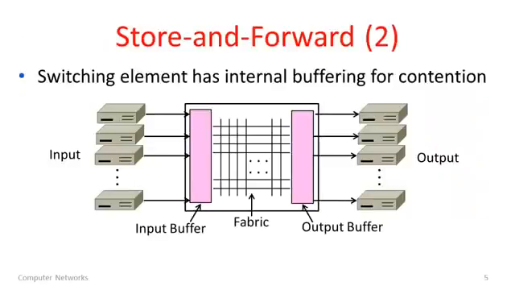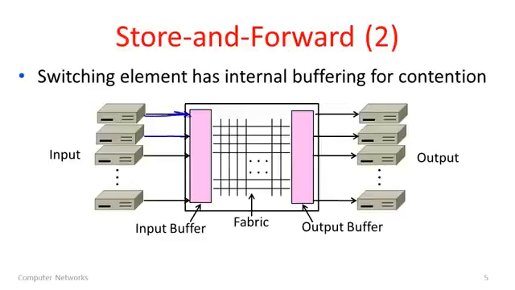As an aside, I'm going to dive into the store and forward model a little more, just to give you a better sense of what can go on inside these routers. So here's a fairly general model for all switching elements, switches, routers, funny devices that have a lot of input and output connections inside the network. They're all going to look something like this. They have inputs here.